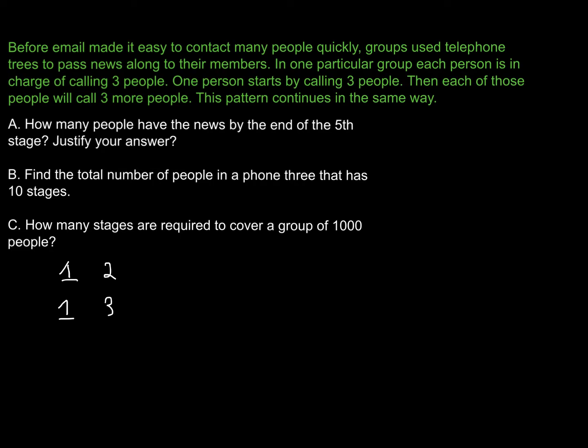In the third stage, each of those 3 people calls 3 more people, so that would be 9 people who get the news. So after 3 stages, the total number of people that have the news is 1 plus 3 plus 9, or 13 people.